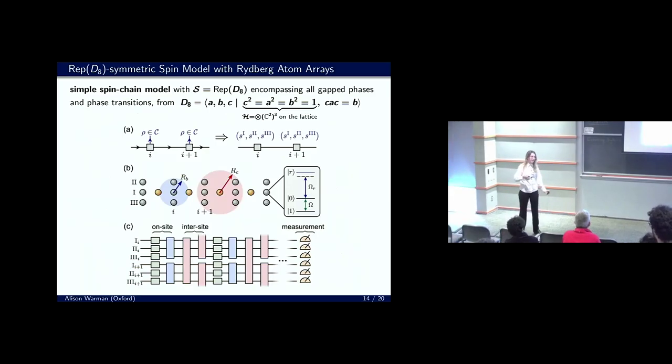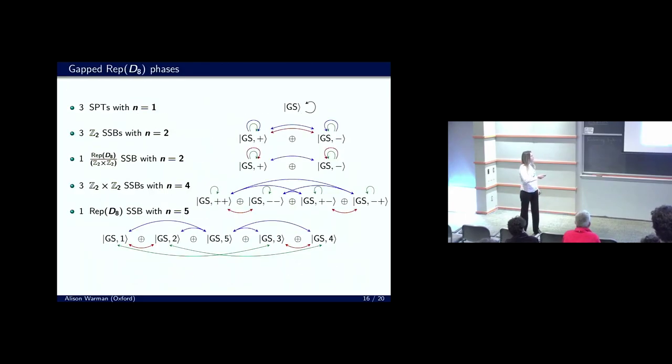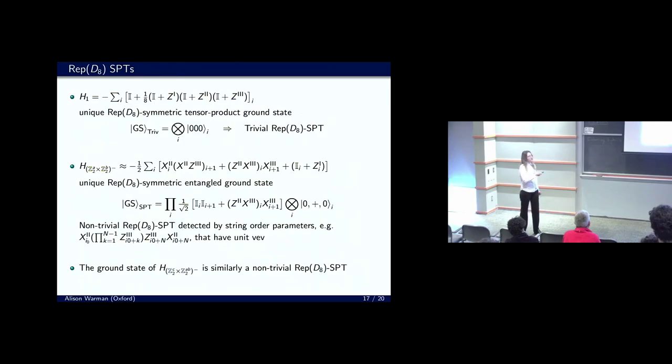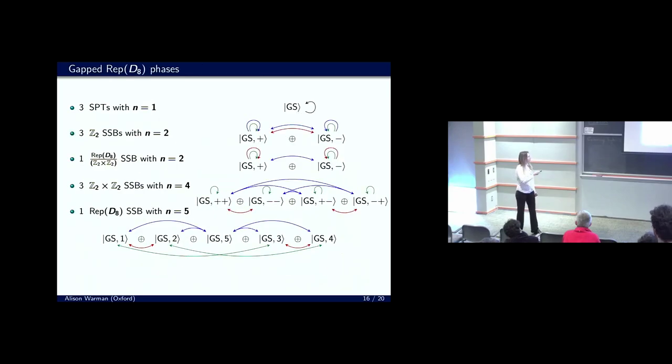So, for example, the easiest one is this trivial SPT, obviously, because it just has these projectors. So we can easily study transitions from this trivial SPT to that SSB phase, which breaks the symmetry.